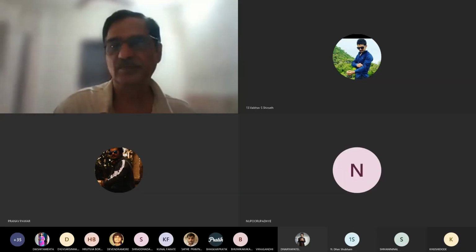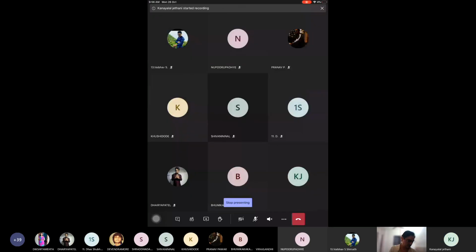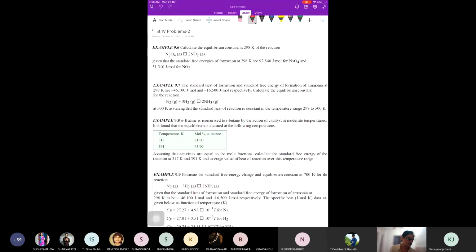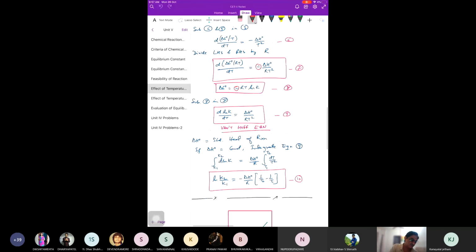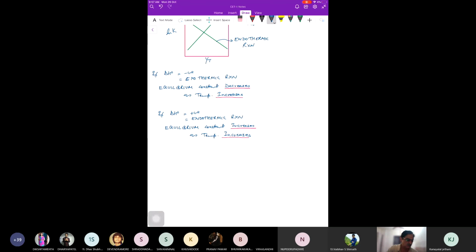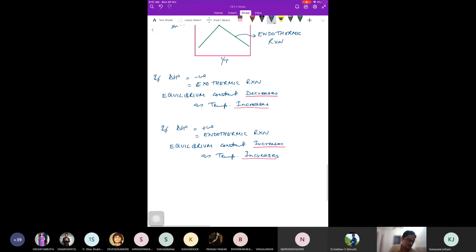Let me correct that. ठीक है. So for endothermic reaction, as temperature increases, k value increases, and for exothermic reaction, as temperature increases, k value decreases.